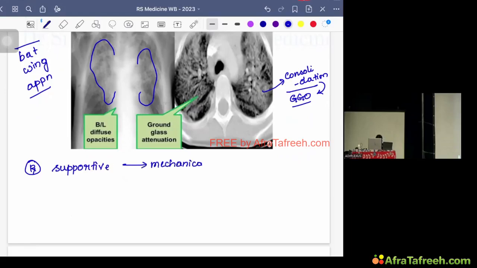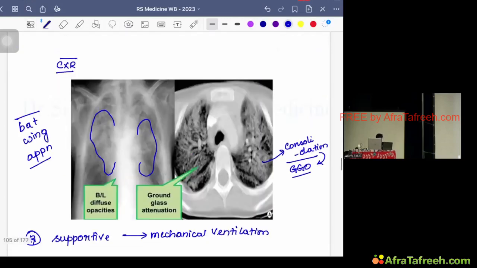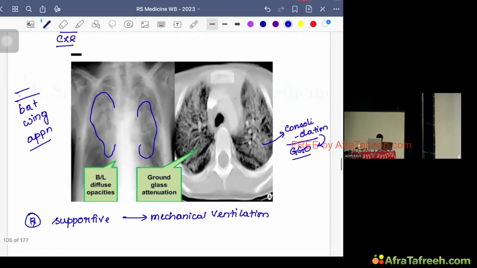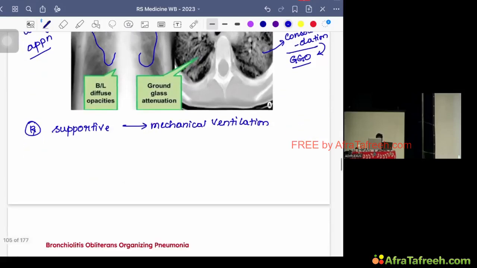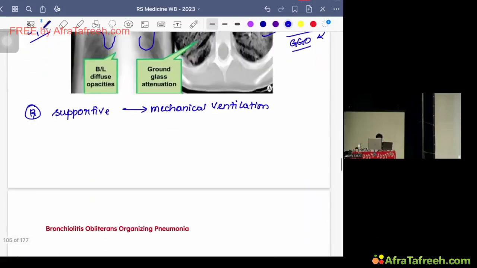So this condition presents like ARDS, but it is an interstitial lung disease. In ARDS there is more alveolar involvement, but this condition involves the interstitium.